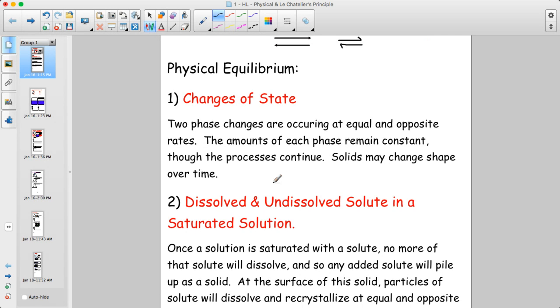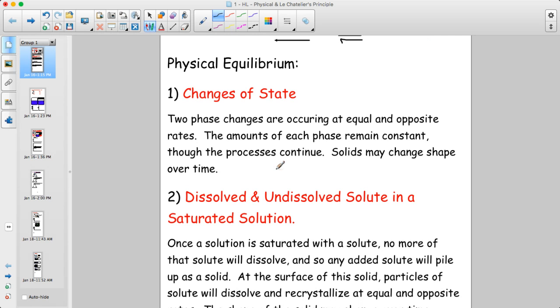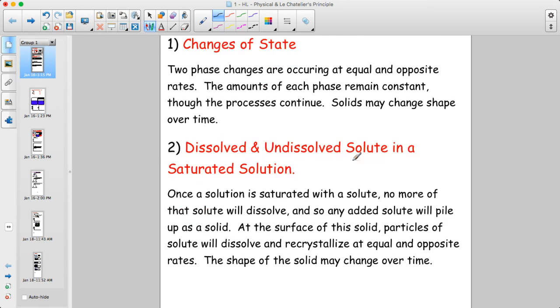The amounts of the liquid and solid, or of the liquid and gas, don't change, but the two different processes continue to occur. Some evidence of that is that in a solid-liquid equilibrium, the solid might change shape over time, but the total amount that is solid would not change. That would be evidence that something is still taking place even though the amounts don't appear to change.